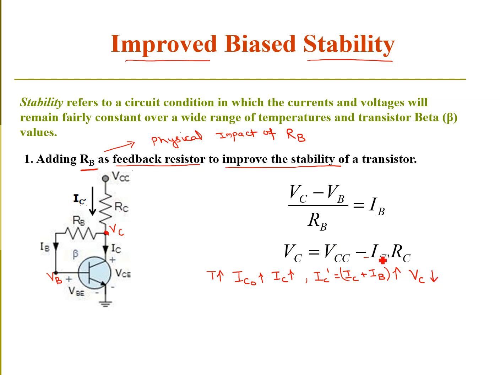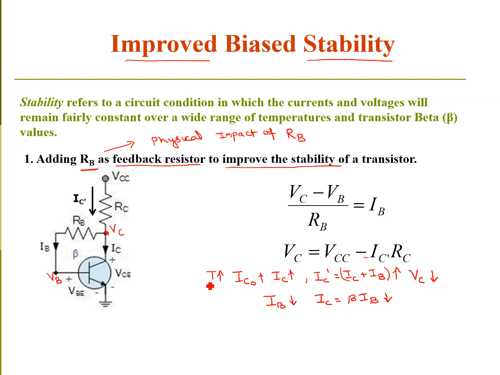If the value of VC is decreasing, that will cause a decrease in the current IB. And since IB is decreasing, therefore IC, which is equal to beta times IB, will also decrease.